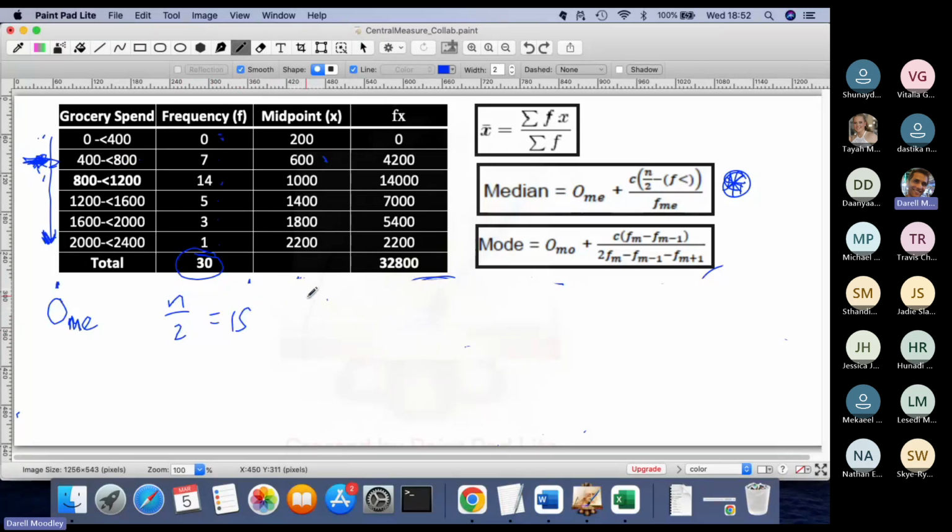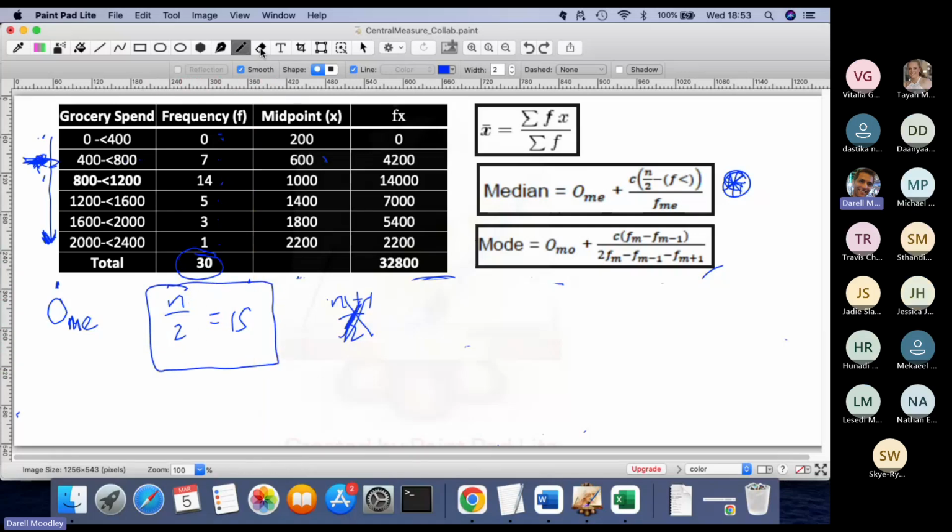I know before I told you it was n plus 1 over 2, but that is for ungrouped data. Unfortunately, the formula is different for grouped and ungrouped. For ungrouped, it's n plus 1 over 2, which we did earlier. But now, we're going to use n over 2, and n is 30. So 30 over 2 is 15. So the 15th person is the middle person.